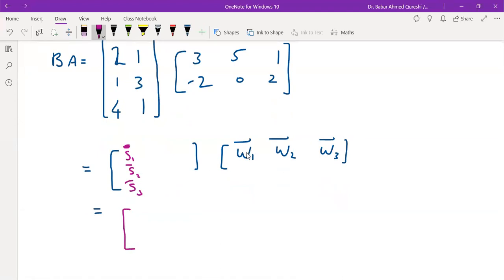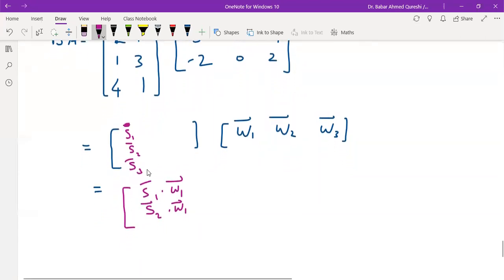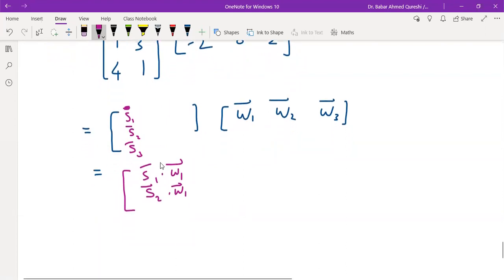So take the first and start making dot products with it. The first column will be S1 dot W1, S2 dot W1, and so on. The first column has the dot products with the first column. So you take all the rows, take the dot with the first column, that gives you the first column. Again, take all the row vectors, dot with the second column, and you get the second column.